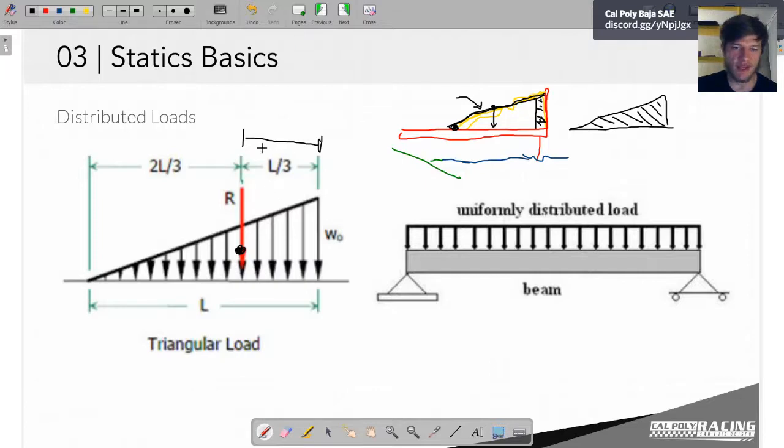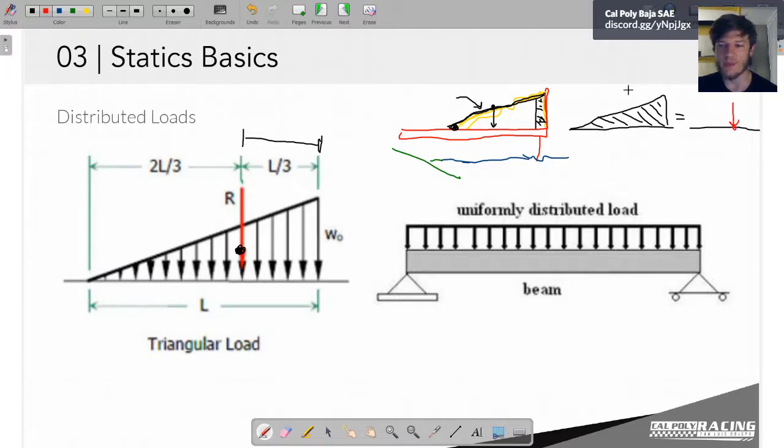So that's why you have L/3. If we combine this whole load into one thing, it would have the same actions in statics as a force at this location.